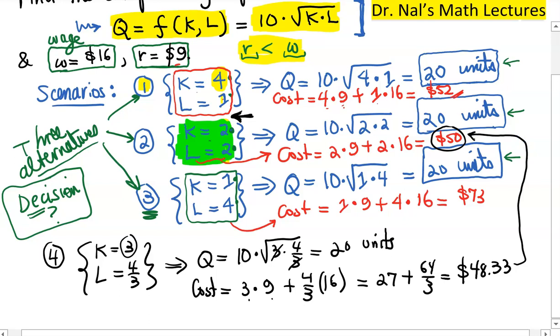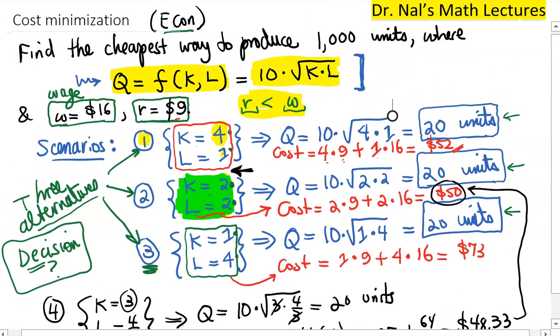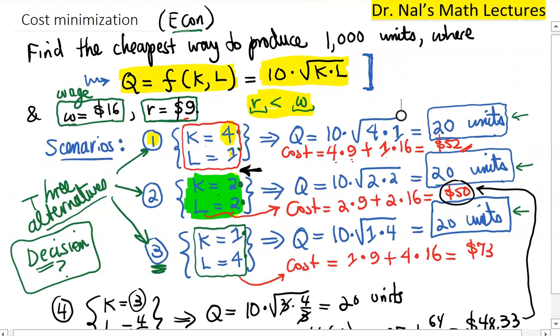But how can we be sure this is the answer? Are we sure that there's no better way? So that's the method that we're going to introduce right now. This is the whole point of what we call constraint optimization. Cost minimization falls into that family of optimization problems known as constrained optimization. And the idea is the following.